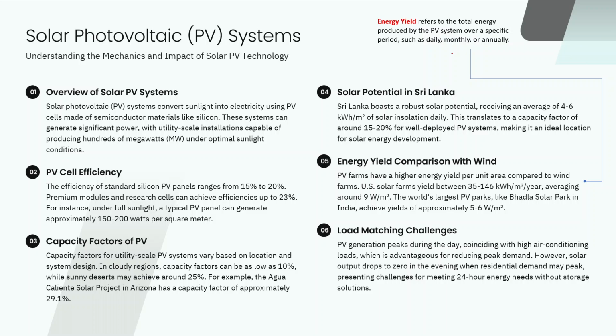So we will start from the solar PV systems. Okay. As we discussed earlier, this basically converts the sunlight into electricity by using what we call PV cells, which are made out of semiconductor materials like silicon. Right?